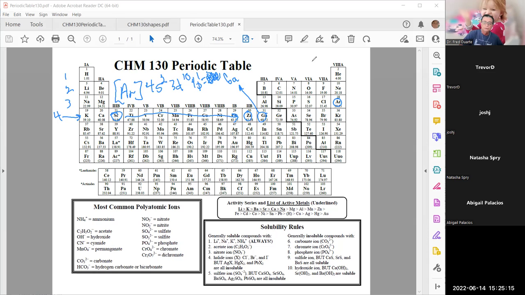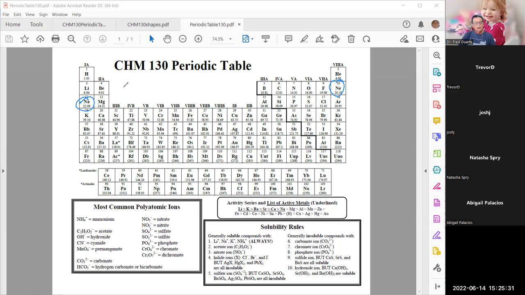And if you wanted to do the shorthand way, let's say you wanted to do sodium, and it's okay to use the shorthand method. You find sodium in your periodic table and look for the previous noble gas before it, which is neon. So you can write Ne in brackets, not parentheses. This is 1, 2, and 3.